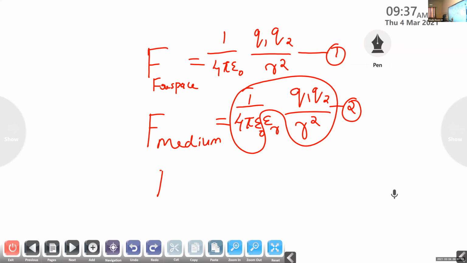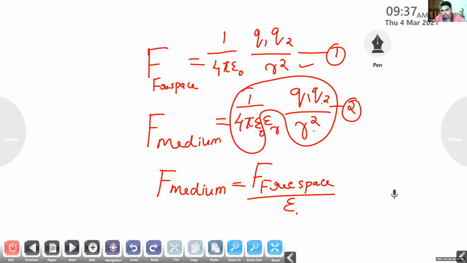It is our first equation, the equation for F in free space. So instead of this term we can write F free space, and F medium is equal to F free space. What is left in the second equation? Divided by epsilon r.